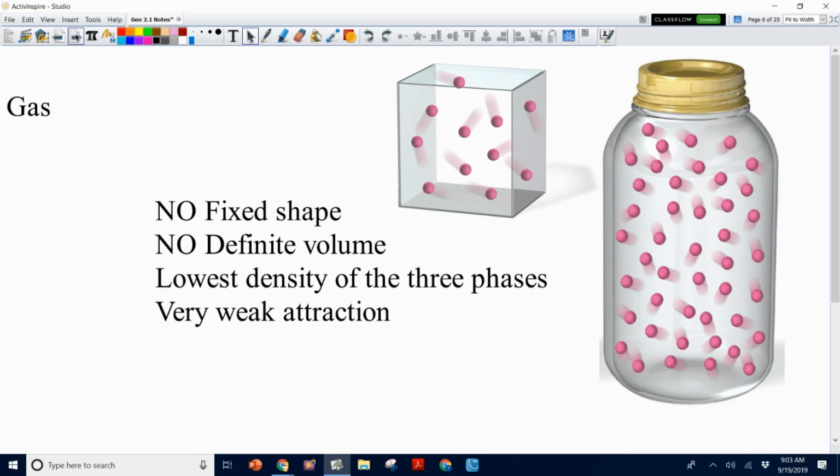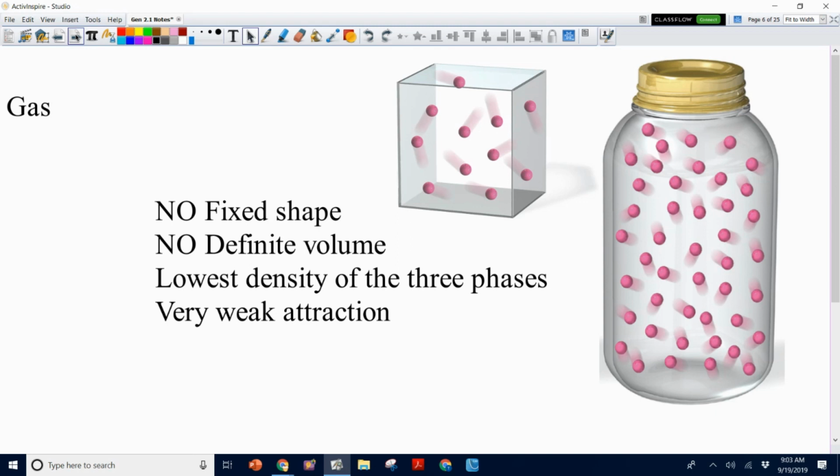Our gas has no fixed shape and no definite volume. You can see there that the jar that has the gas molecules in it has a lid on it, because if we were to take the lid off, then the gas molecules would come out and start filling the room and take the shape of the room. It doesn't have a definite volume. You have a jar there that's, say, a liter jar.